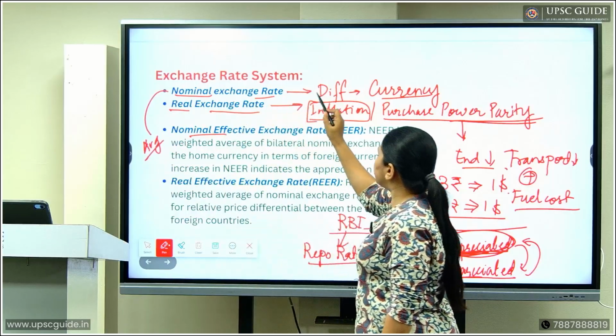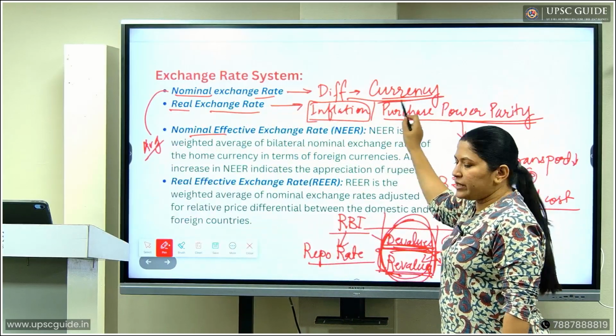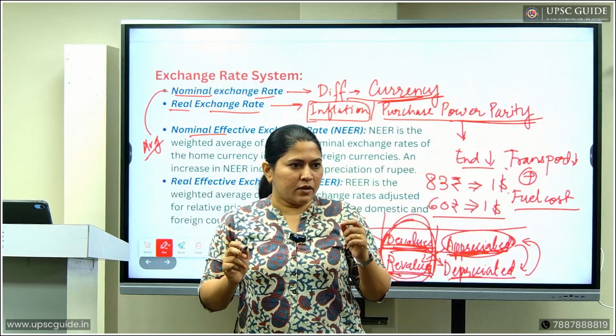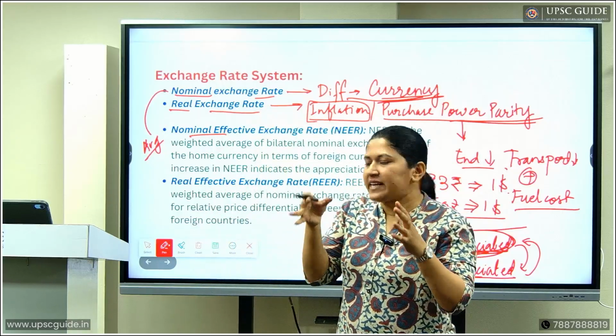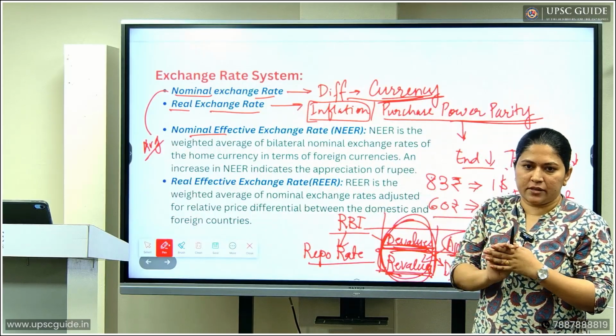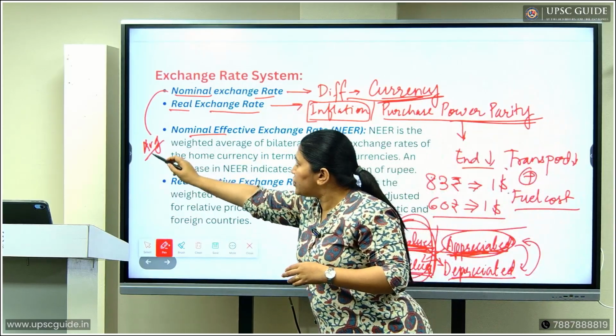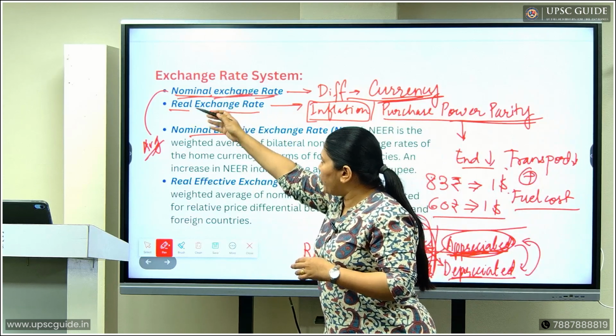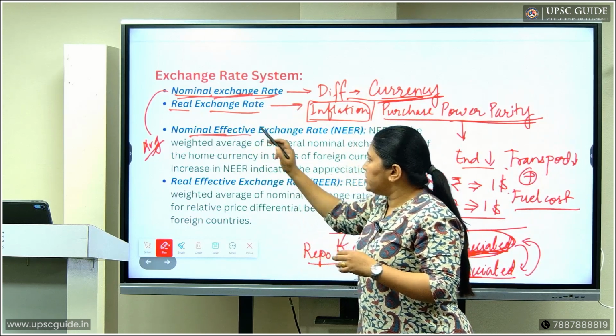Now what is the nominal exchange rate? The differentiation between the currencies with which we are trading. And the average of that is nothing but the NEER, the nominal effective exchange rate. We just calculate the average of the nominal exchange rate, and we get the NEER.